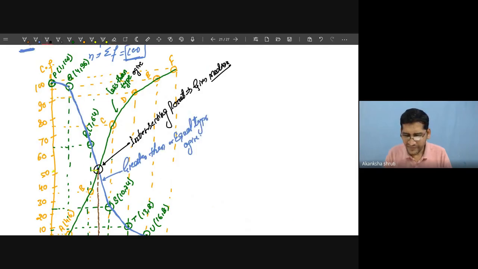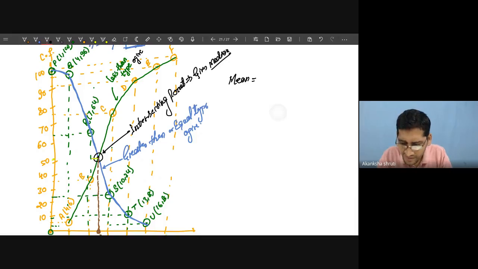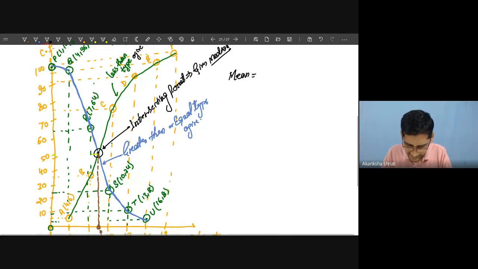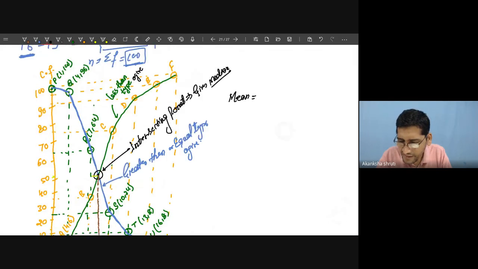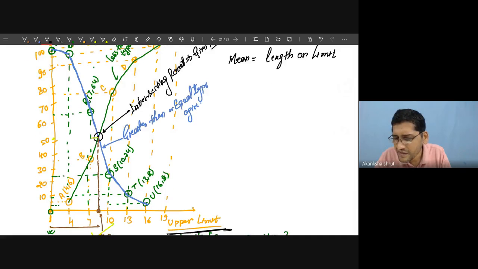So right here, median is equal to the length on the x-axis or the limit axis, that is your horizontal axis, from where to where?